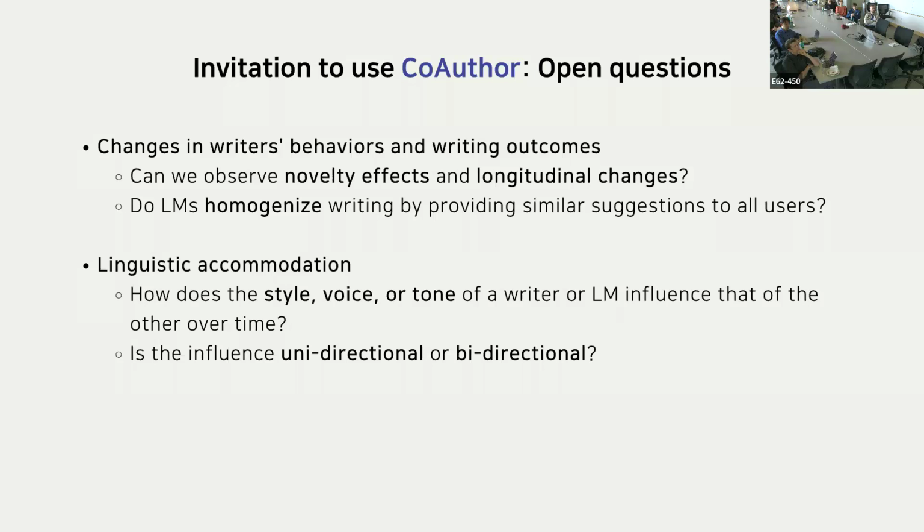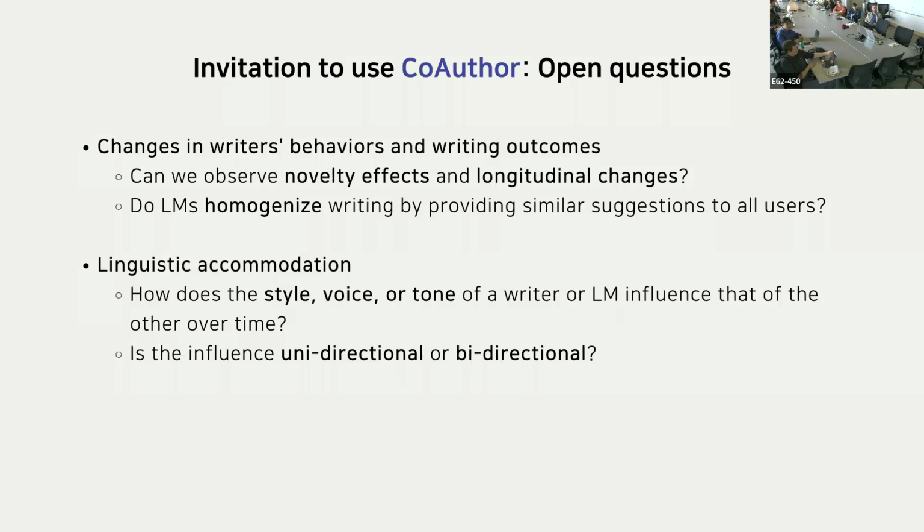So maybe we can actually see novelty effects and how people use this autocomplete system differently and how that might have worn off as they interact more. Because again, we had 63 users writing thousands of stories and essays. So yeah, it'd be cool to see any longitudinal changes in each writer's writing sessions over time.